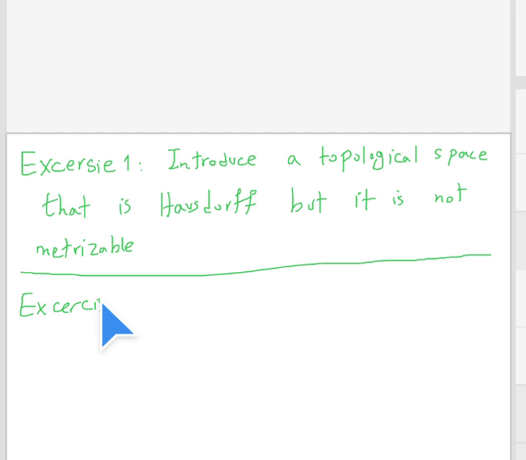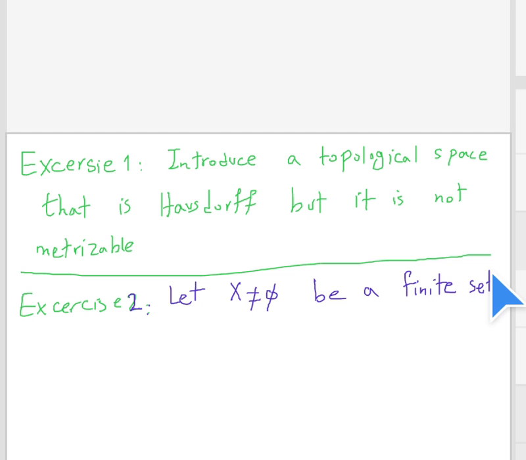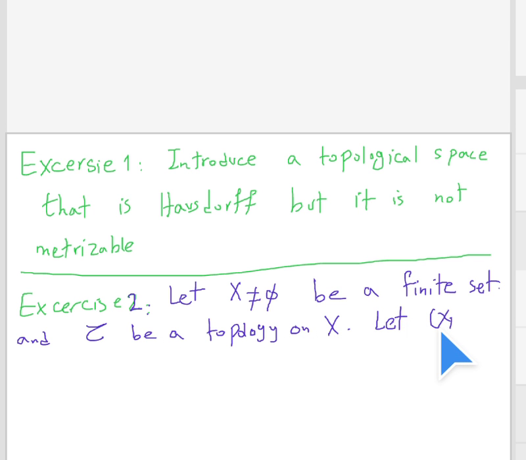Exercise 2. Let X, a nonempty set, be a finite set and τ be a topology on X. Let (X, τ) be Hausdorff.